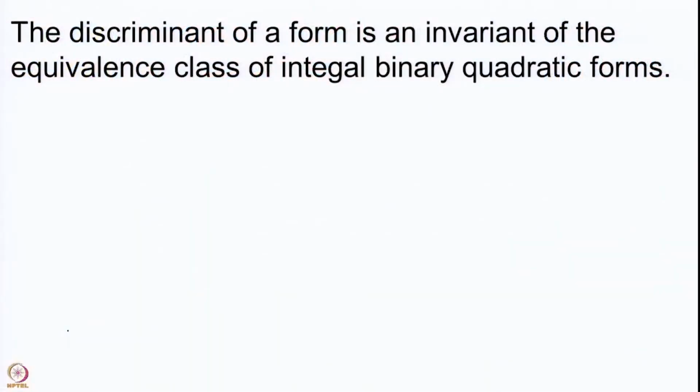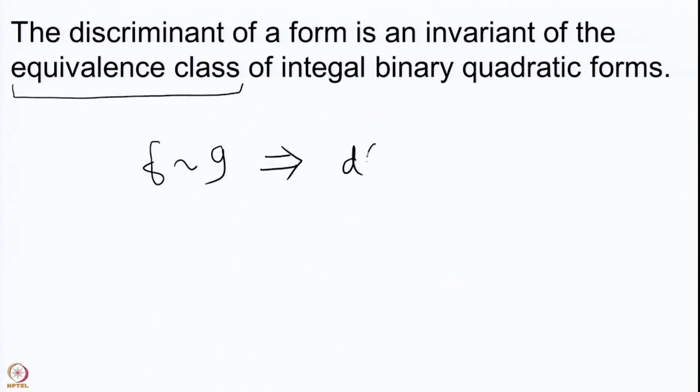So, the discriminant is an invariant of the whole equivalence class of integral binary quadratic forms. That means, if f is equivalent to g, then the discriminant of the form f is equal to the discriminant of the form g.